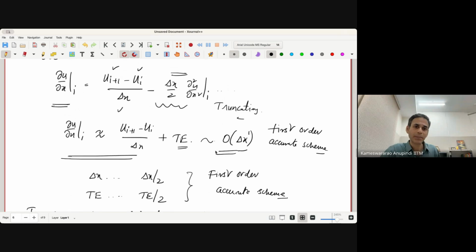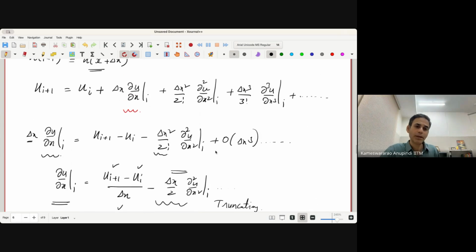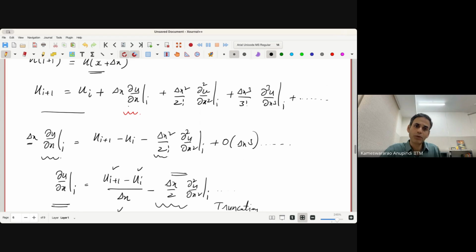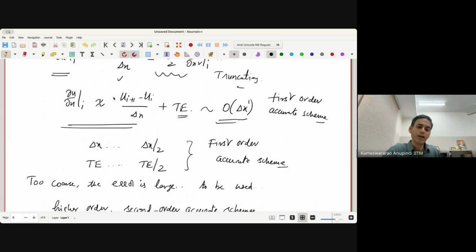In this case, it was very simple because we have the Taylor series expansion, and then we could find dou u dou x by simply sending the things to the left hand side. But that is not always possible.